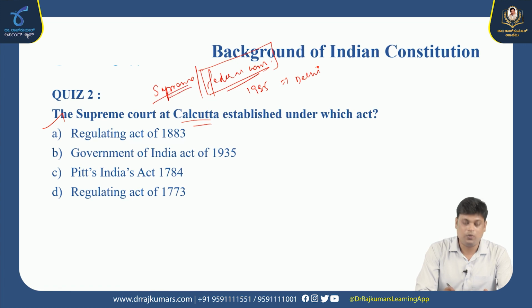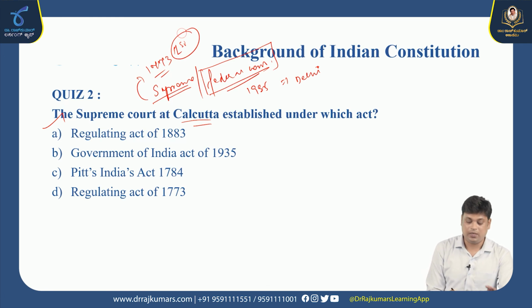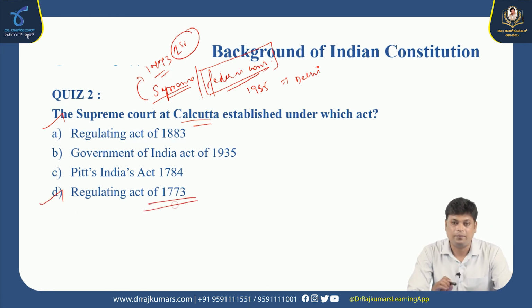But the real Supreme Court to take care of the British subjects in the region of Calcutta was established in the year 1773, under the Regulating Act of 1773. So you have 2 variations, and you must understand what is Supreme and what is Federal. This Federal turned into Supreme after independence.